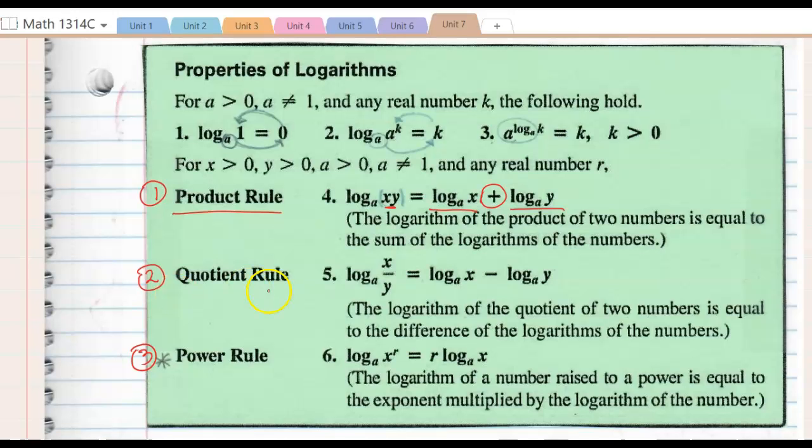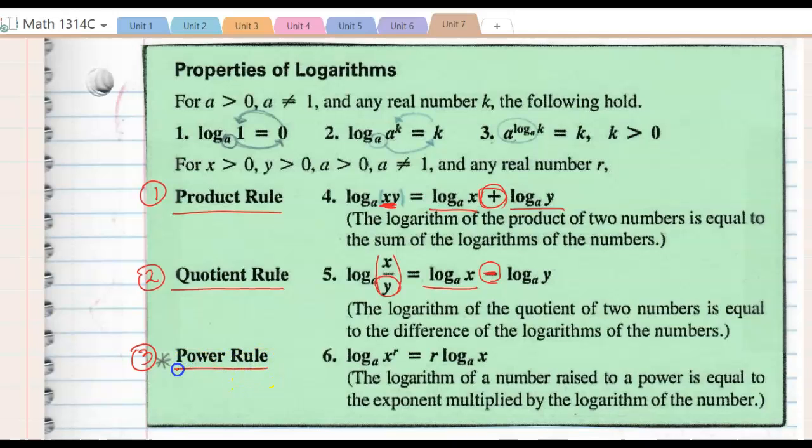If we go to the quotient rule, we have log base a of x divided by y. Then I'm going to have log base a of x minus log base a of y. Because the y is in the denominator, that's why we're subtracting. If it was being multiplied, that's why we're adding.